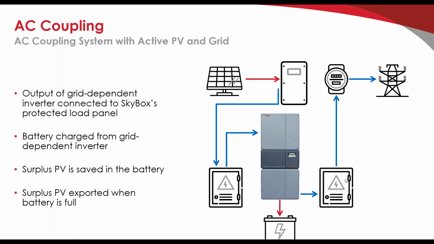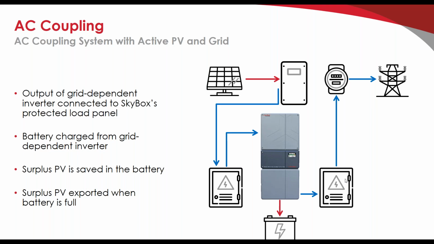And those requirements tell the grid-dependent inverter that it must ramp back its output as the frequency increases. That's important with SkyBox because it's a 5 kW inverter.